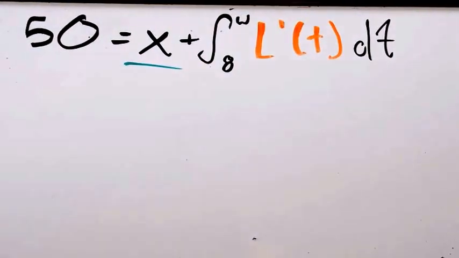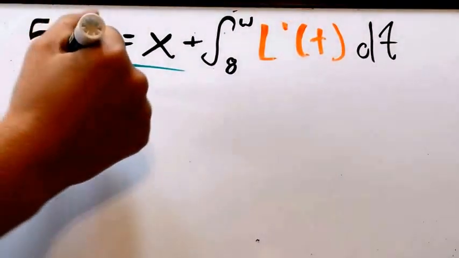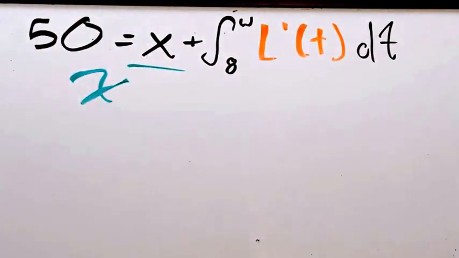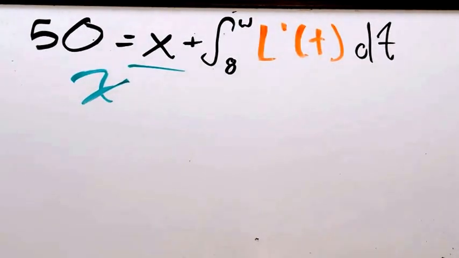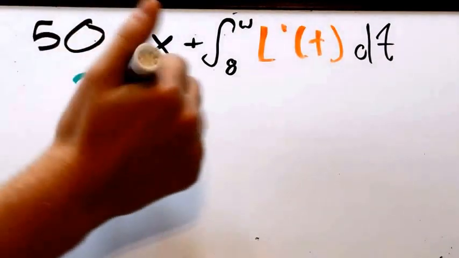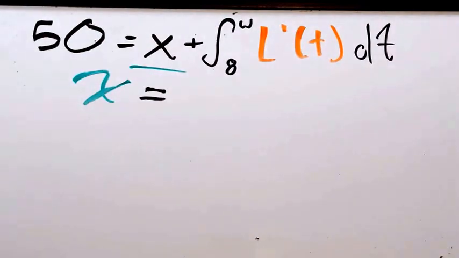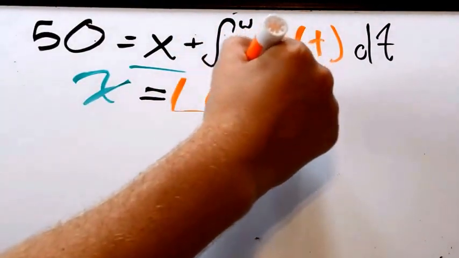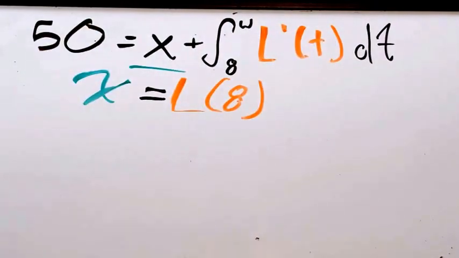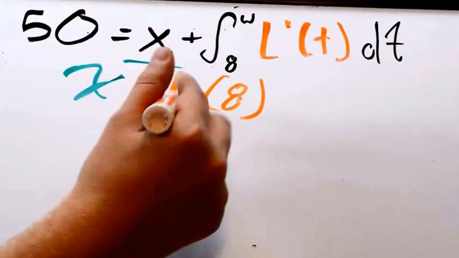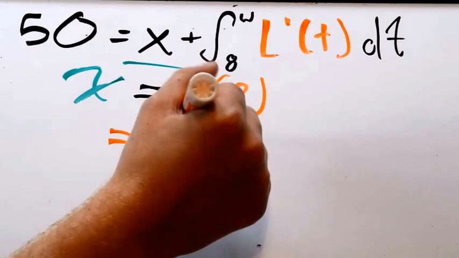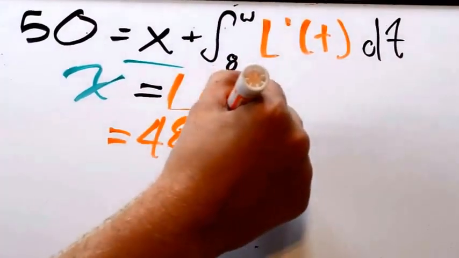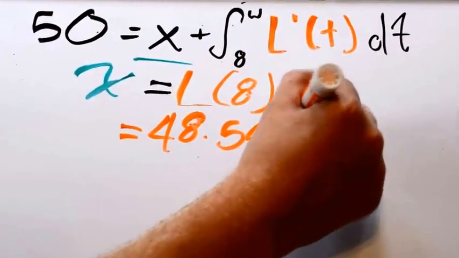Now, x is equal to L of 8, which, if you remember correctly, equals 48.544.